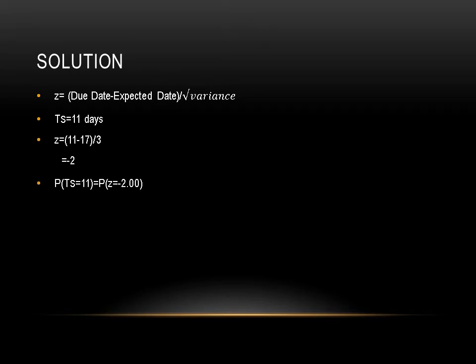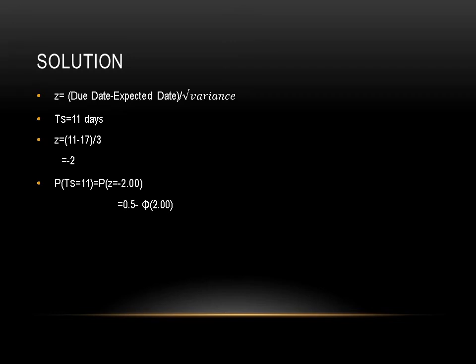So we will write P(TS) equal to 11. Means if TS is equal to 11 days, we will write P(Z) equal to minus 2. For TS equal to 11 days, Z was minus 2. You get it?